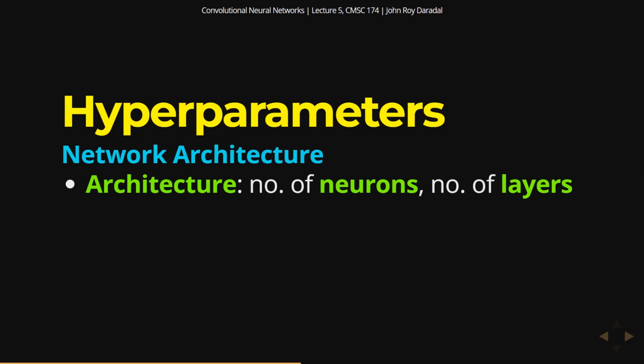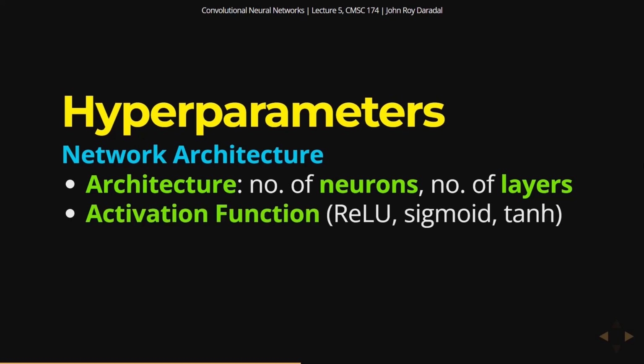So that will make up your architecture. Okay, next, what activation functions should you use? Should you use ReLU, sigmoid, hyperbolic tangent, and so on? Okay, that's also another choice. Should you use dropout? What is the dropout rate? So that is also part of the network architecture.